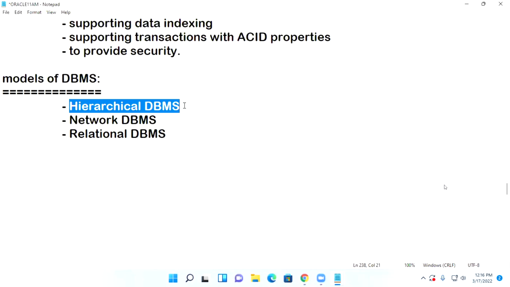To overcome hierarchical, next they introduced networks. Networks also had some problems again. Again they faced a retrieval problem. It does not support many-to-many relations, so those kinds of problems we faced here also.